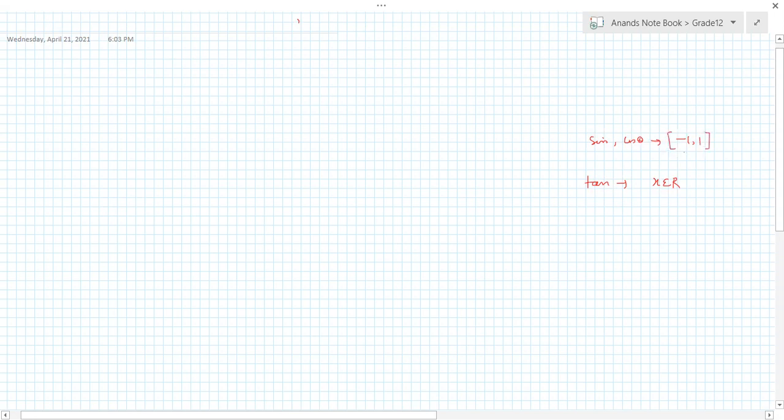And for cot also, x belongs to R. Cot of cot inverse of x equal to x, x belongs to R. Similarly for tan. And secant and cosecant will be x belongs to R minus -1 to 1. All right.